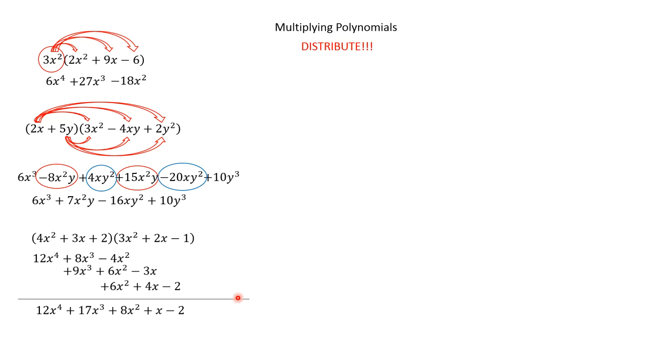I think it's easier than trying to find them throughout. Also notice when we added these together, we didn't change the exponents. We only change the exponents when we're multiplying. When we add, we just add like terms, we change the coefficient in front. So this is pretty much as difficult as multiplying is going to be.